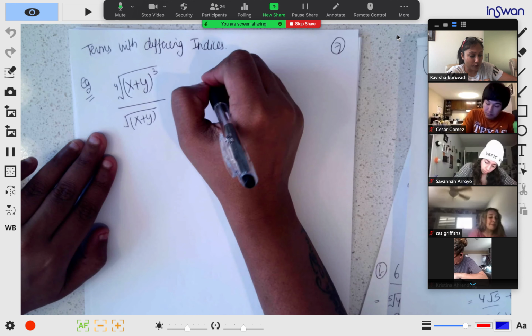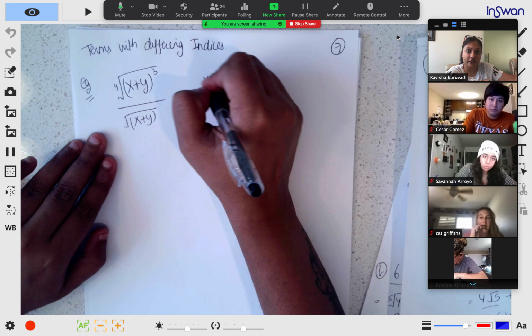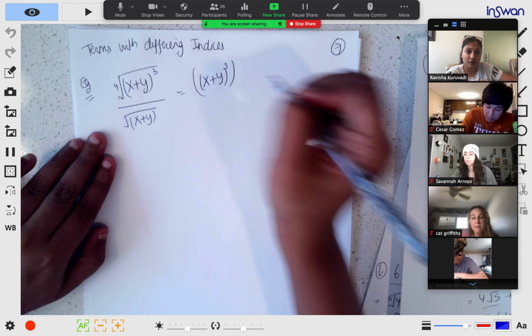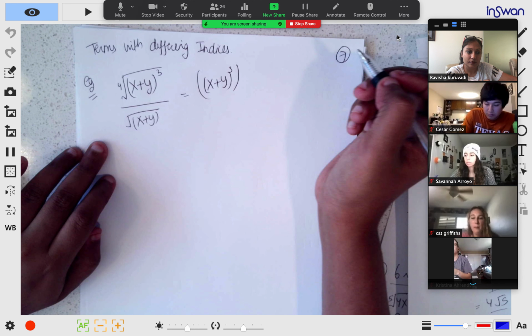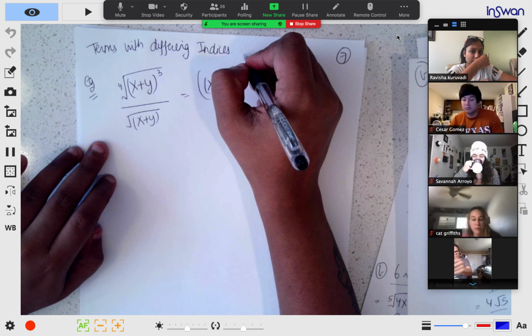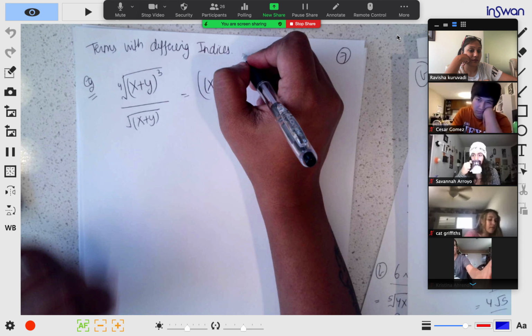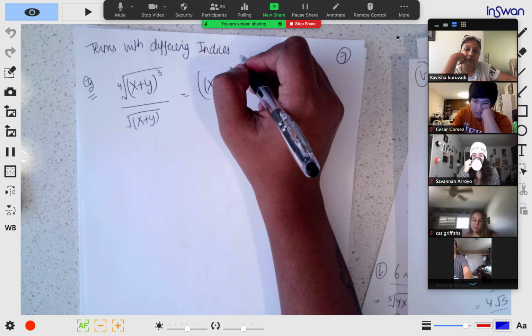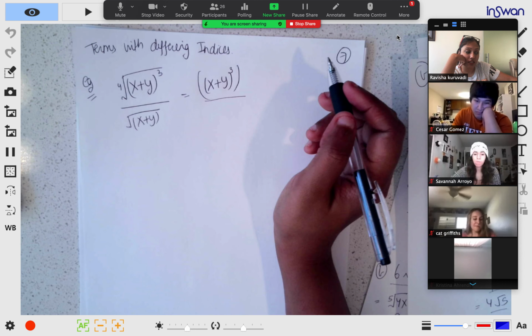How can I write the 4th root as? Is there a different way I can write the 4th root as a power? How can you write the 4th root in the form of a power?